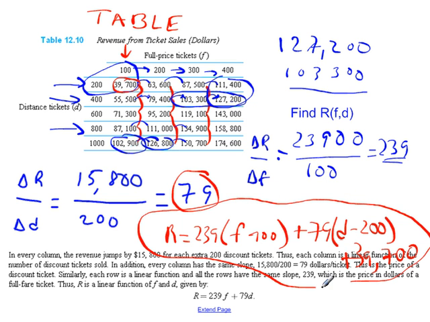So this will give me an equation for revenue as a function of full price tickets and distance tickets.